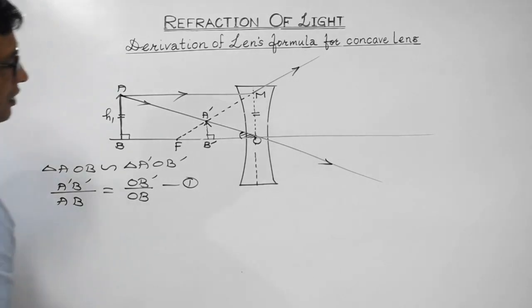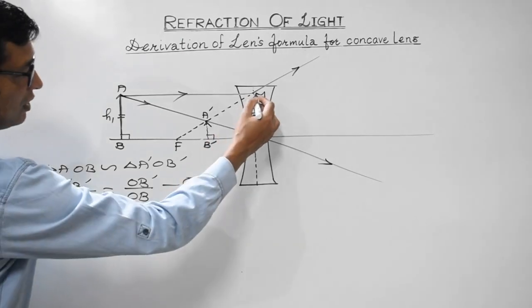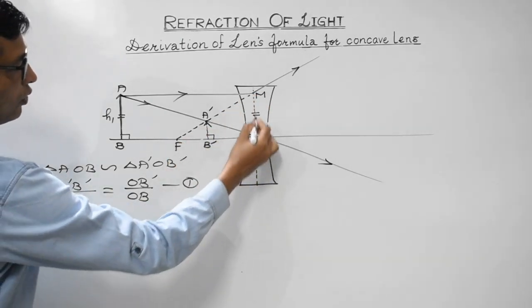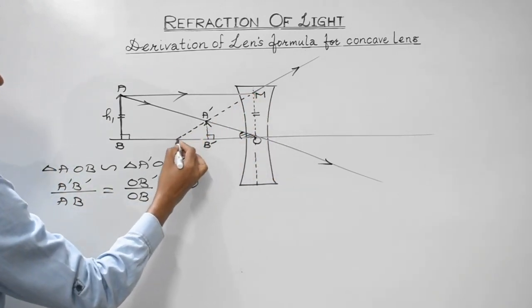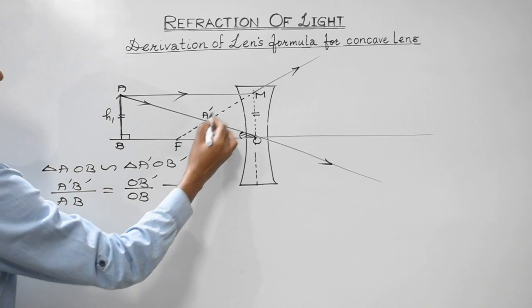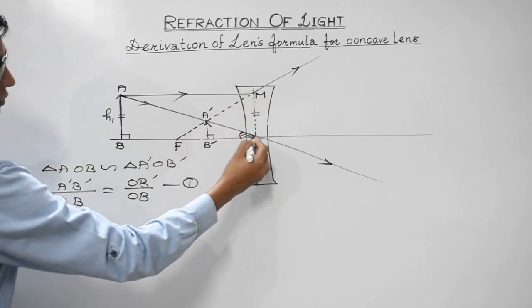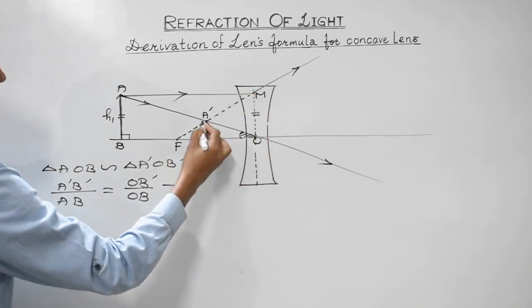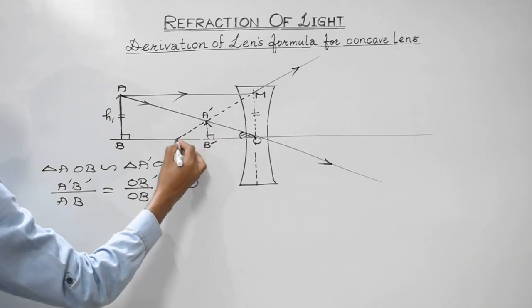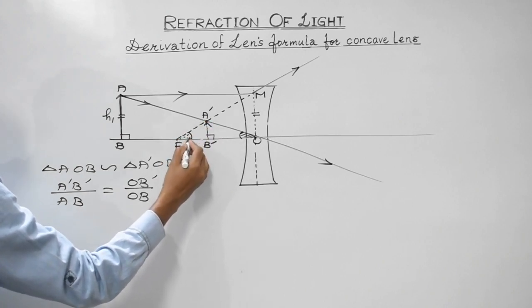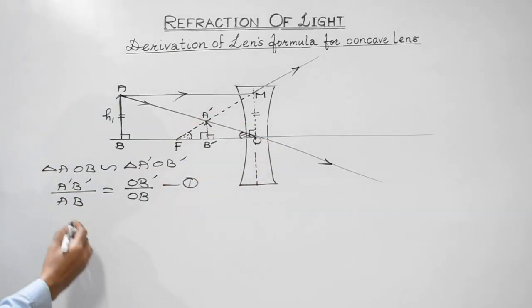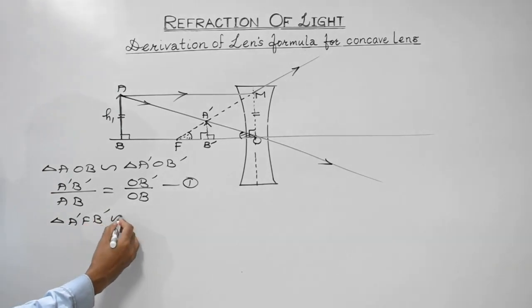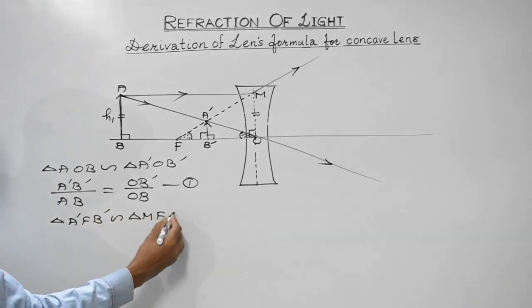So what we'll do is, we can consider these two triangles: MFO, and A dash FB dash. Again, this would be the common angle, and this is 90 degree, and this is also 90 degree. Therefore, triangle A dash FB dash must be similar to triangle MFO.